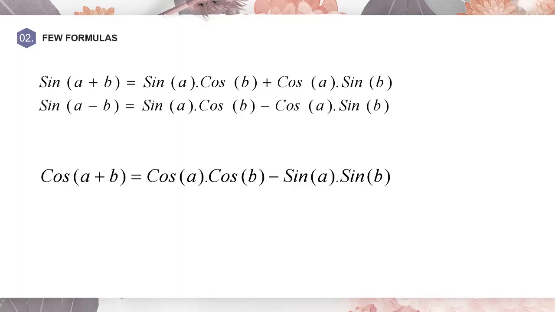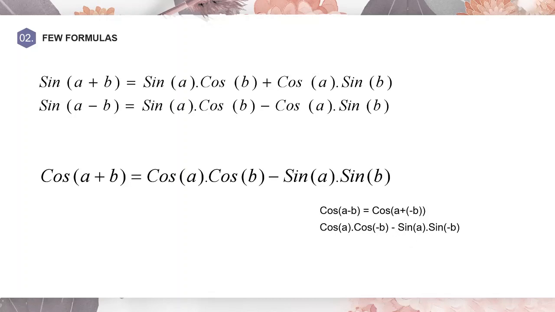Now what about cos of a minus b? Cos of a minus b is equal to cos of a plus minus b. So applying the formula, cos a cos of minus b minus sin a sin of minus b. So cos of minus b is cos b itself, sin of minus b is minus sin b, and that minus will make this minus plus.